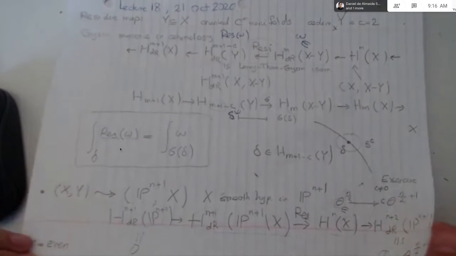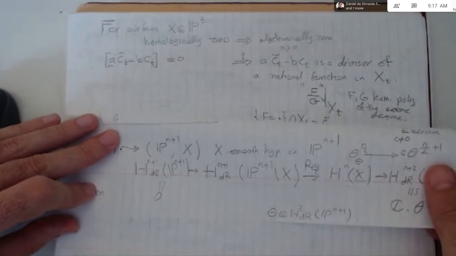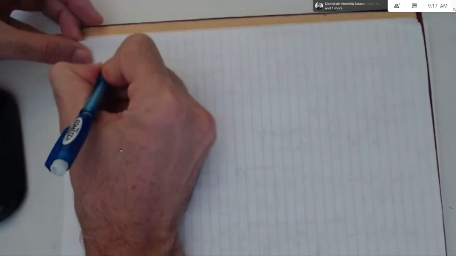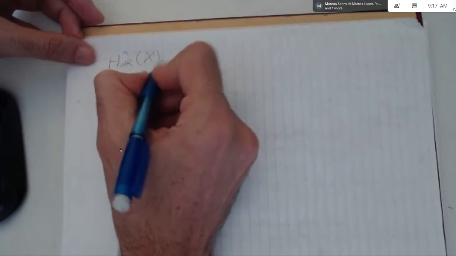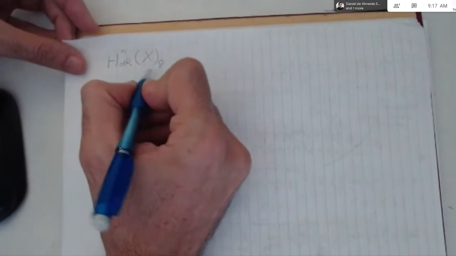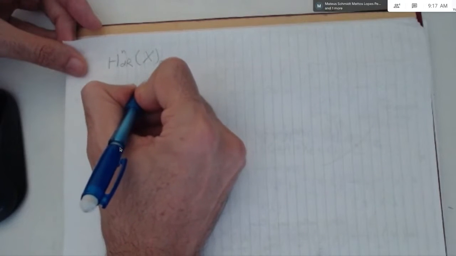Okay, so let's prepare the ground. What we have here is H^n de Rham of X primitive. In my book I put 0 because of some old notation of Griffiths, but Griffiths himself and many people after him use the notation prim for primitive.